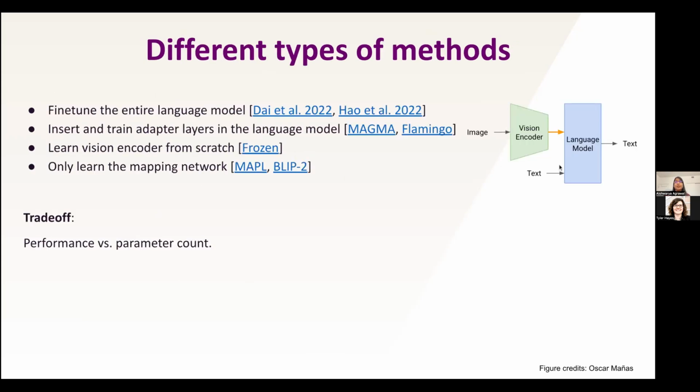Right, so another thing I wanted to mention here is these methods, because they are making use of large language models, they are capable of prompting. So you can evaluate these models in a zero shot or a few shot prompting setting. As I said, these are trained only on the task of image captioning. Now at test time, we can evaluate it for VQA or other tasks as well.